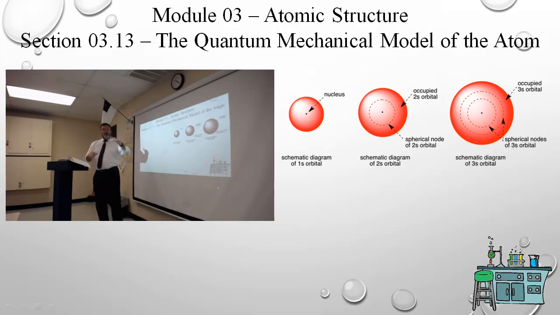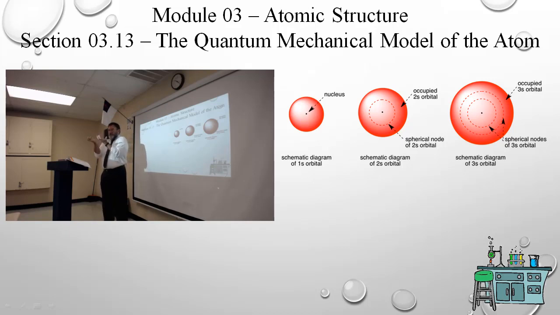When we talk about the s orbitals, it's going to be the nucleus, the first s, the second s, the third s, the fourth s, the fifth s. Those spherical orbitals are going to grow, and each higher energy level represents a larger sphere that contains all of the lower level spheres. It's like those little Russian dolls, right?